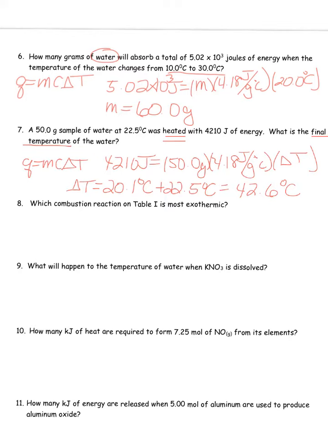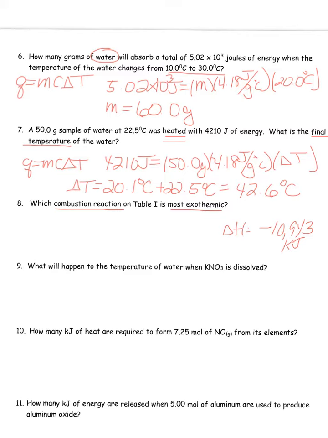For our next problem, problem number 8, they're asking us to go to table I. Table I is where we can find a lot of reactions. At the top, we find our combustion reactions. And when we look there, if we're looking for the one that's most exothermic, we're looking for a negative delta H, and we want to find the biggest number we can. When we look, we'll see the biggest number in the combustion reaction section is 10,943 kilojoules.